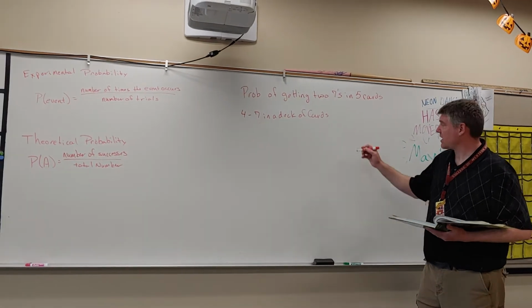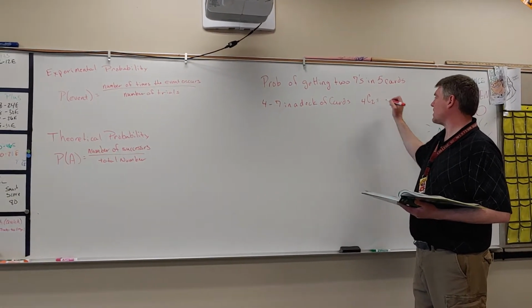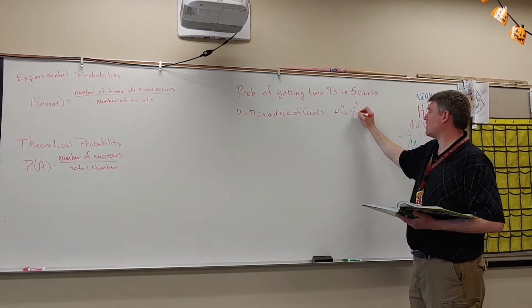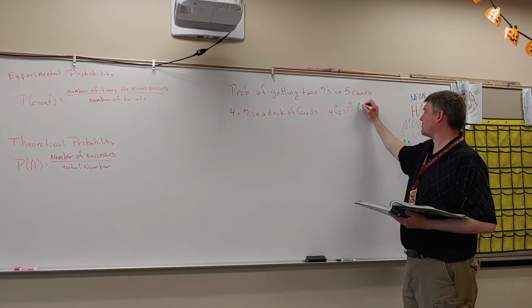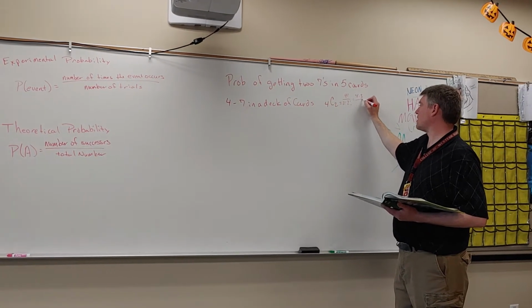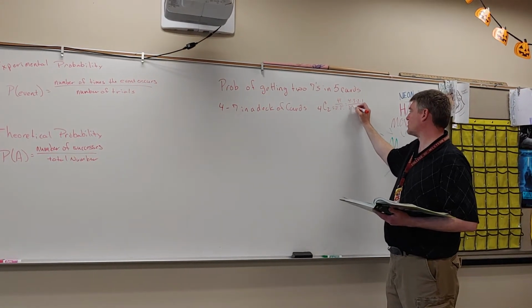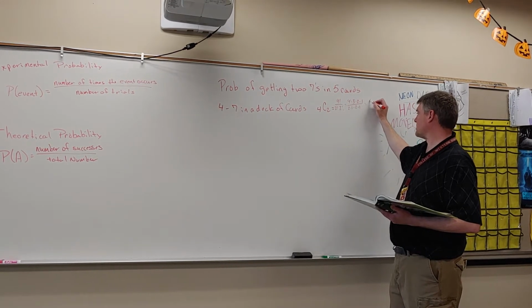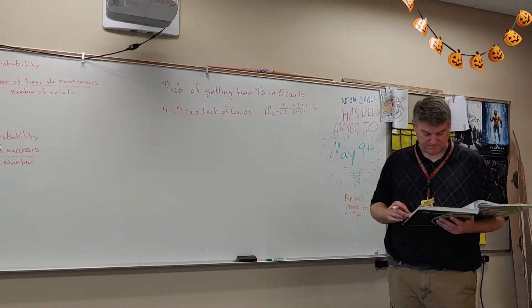So we're going to use that combination. And we're looking at 4 choose 2. So this gives me 4 factorial over 2 factorial times 2 factorial. So this is 4 times 3 times 2 times 1 over 2 times 1 times 2 times 1. Okay? So this gives me 6 different possible outcomes.